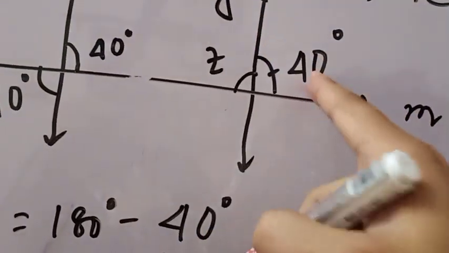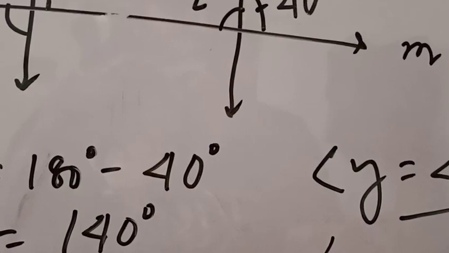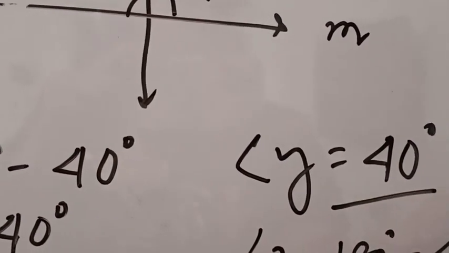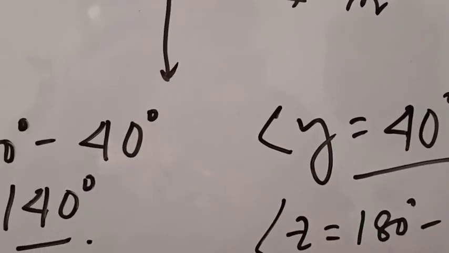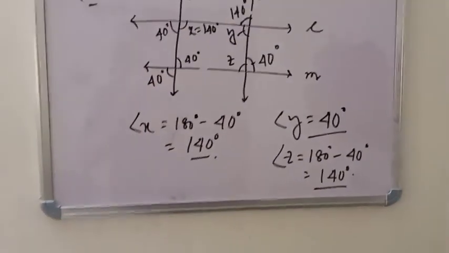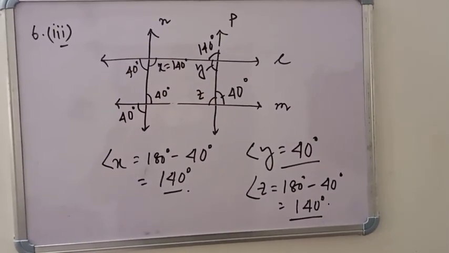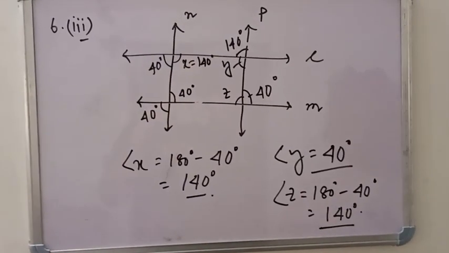So this equals 40. If these two are 40, then z equals 180 minus 40 degrees. This equals 140 degrees. Okay, so x equals 140 degrees, y equals 40 degrees, and z equals 140 degrees. Now go to the next one.